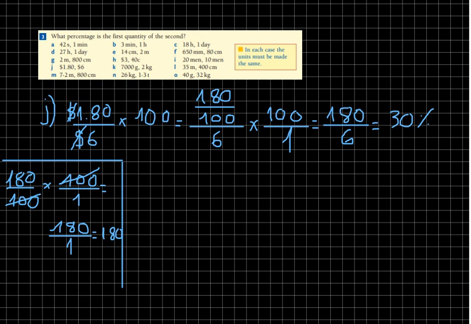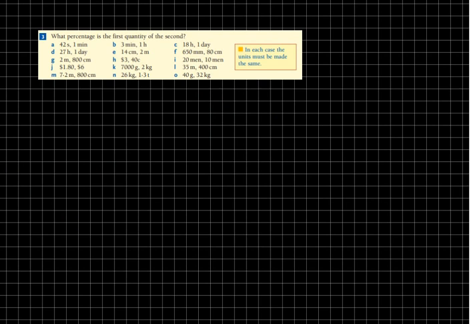It's very easy. Now let's go on with one more exercise, this time exercise K, and we have to calculate what percentage is 7,000 grams of 2 kilograms.